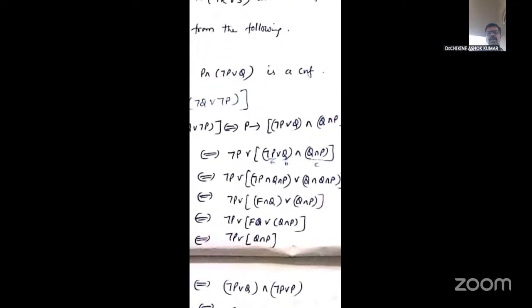F intersection Q union Q intersection P. Next step: any proposition with F in combination with intersection will become false only. P intersection F is F only, that is false only. So negation P union F intersection Q will become false.